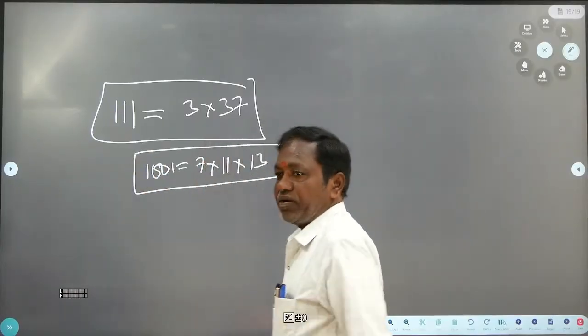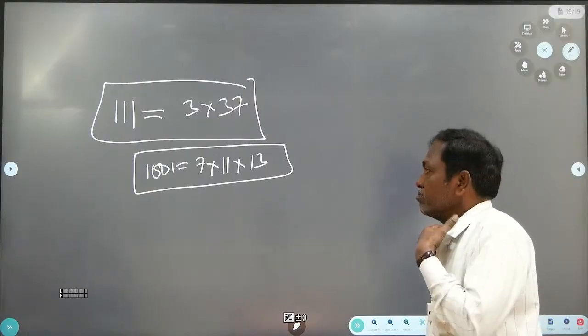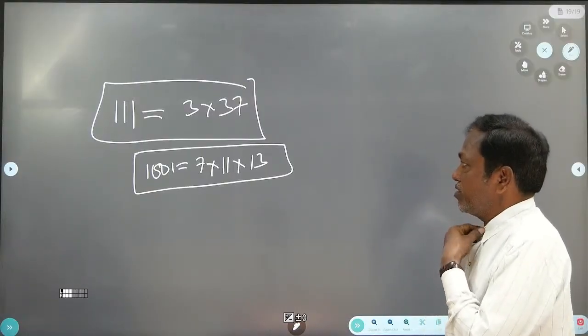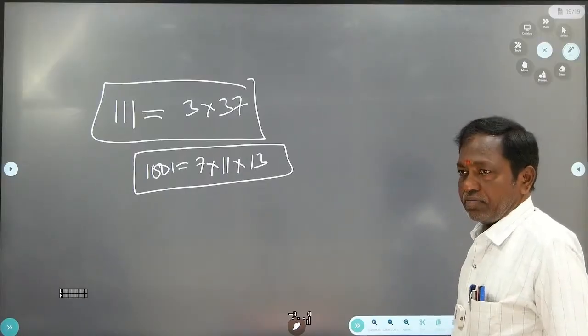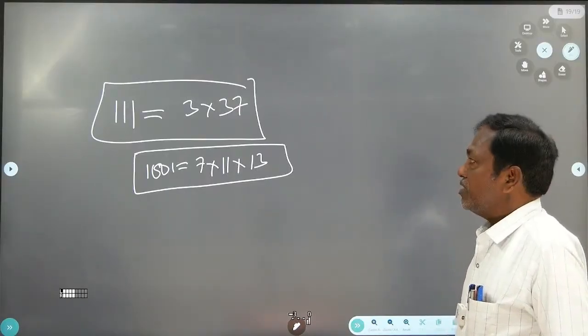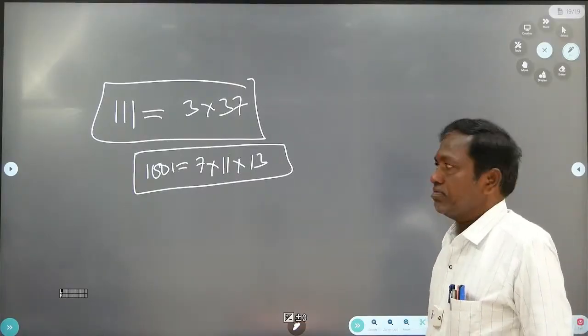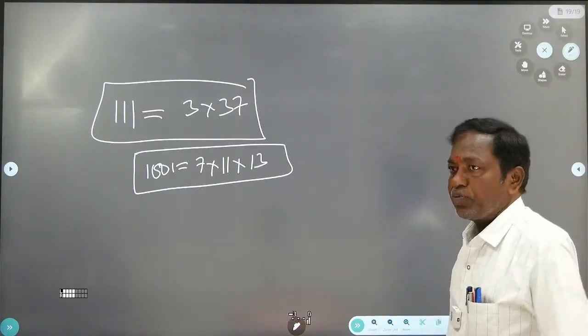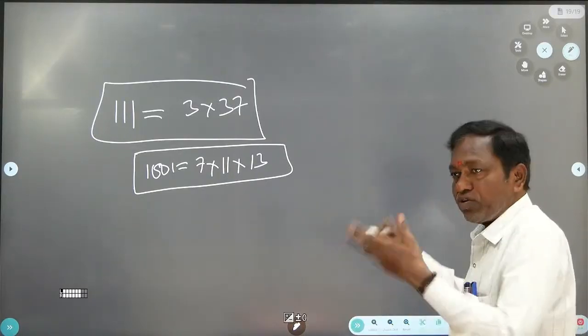Use the calculation and tell me. Maybe I might have forgotten also. 1001 is the product of 7 into 11 into 13. Use calculation and check. Correct now? Right. These two numbers are fixed properties. Last year these two questions were asked.